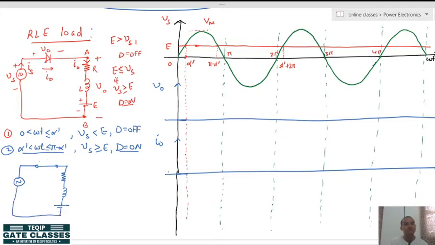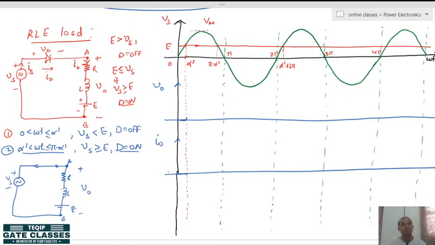So when the diode is on, the modified circuit will be like this. Then obviously some current will start flowing, and we are measuring the load voltage from A to B. The diode is on, so the circuit is connected, hence the load voltage is in parallel with the source voltage.